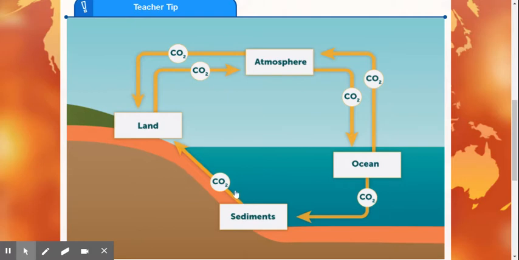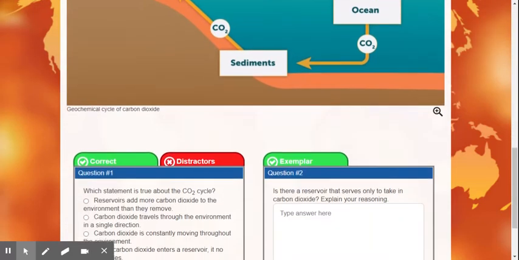You can see that sediments can move carbon dioxide to the land, and the land can move carbon dioxide into the atmosphere through weathering. The atmosphere can dissolve carbon dioxide in the ocean, and the ocean can deposit it in sediments. The ocean can also release carbon dioxide into the atmosphere, and the atmosphere can deposit into land through different processes. So there are lots of different ways for the carbon dioxide to cycle.